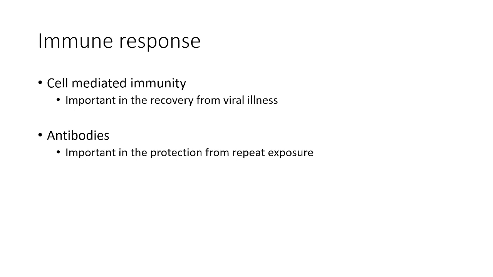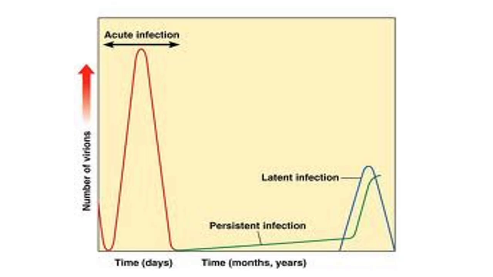The immune response is like cell-mediated immunity that is important for the recovery from viral illness, and antibodies that are important for protection from repeated exposure, so that the next time the virus attacks, it should not be able to cause any kind of effect. Then it's important that you understand the number of variants versus the time it takes.